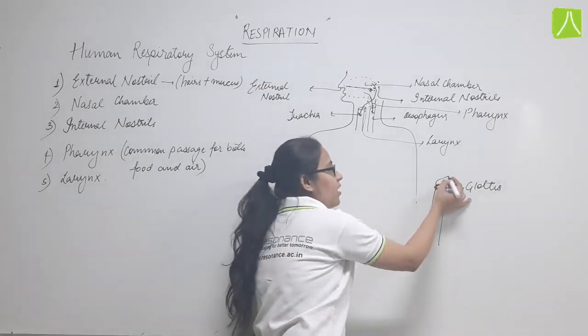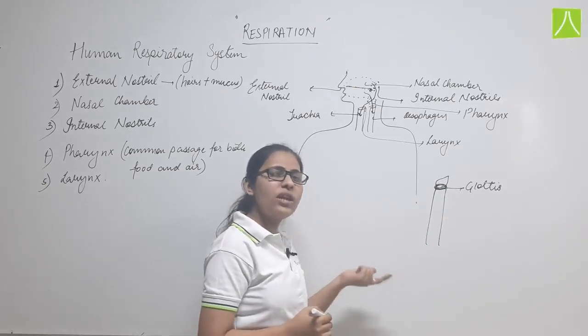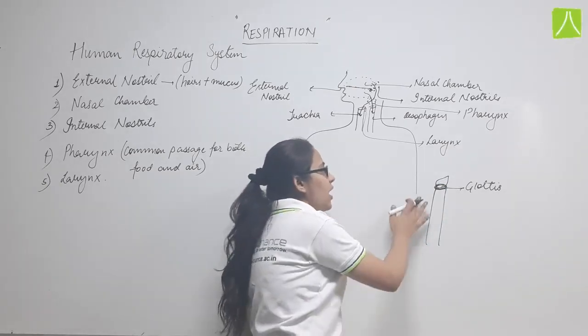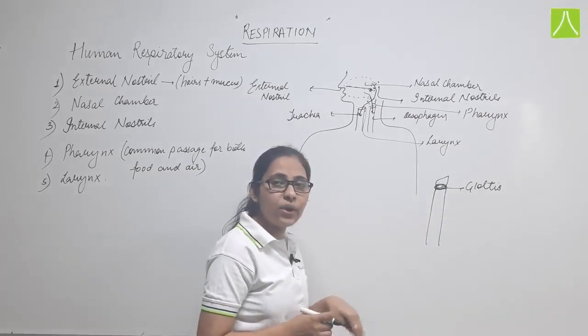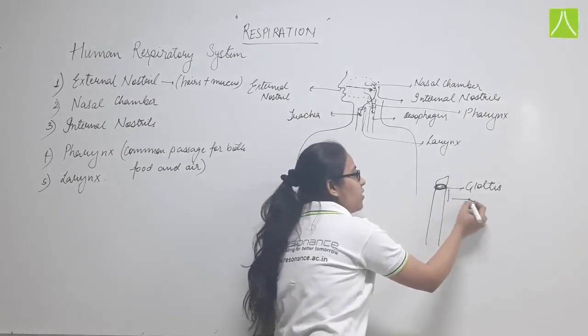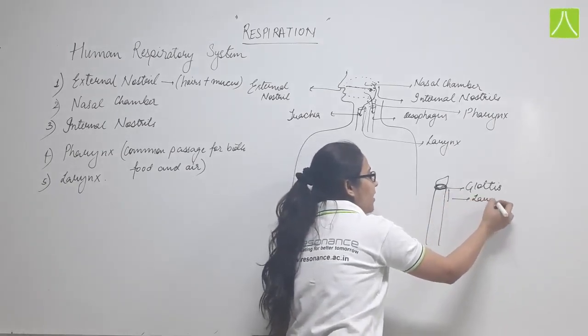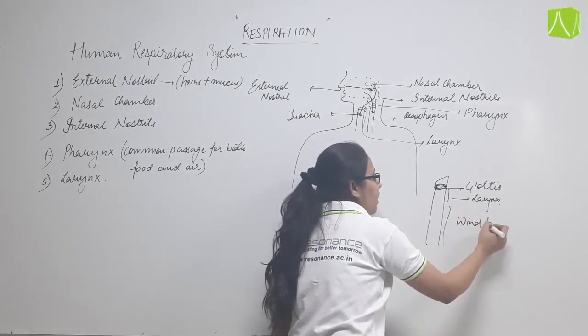It has a leaf-like flap structure which helps in the entry of air into the windpipe. This upper portion is termed the larynx, and the later portion is termed the windpipe, or the trachea.